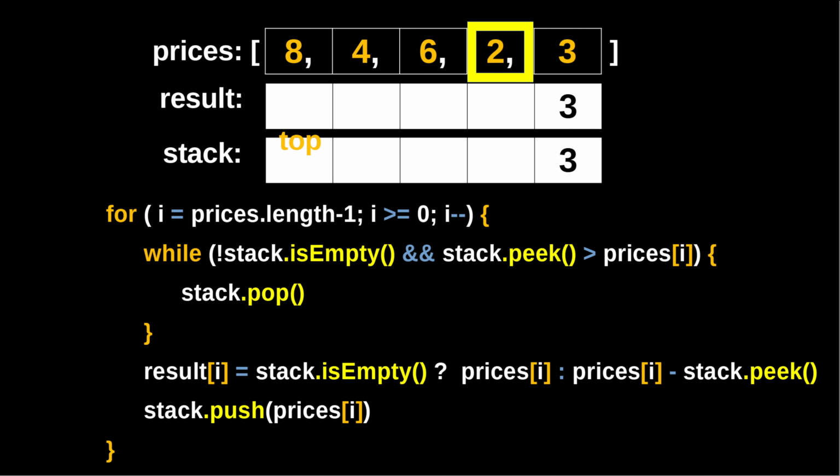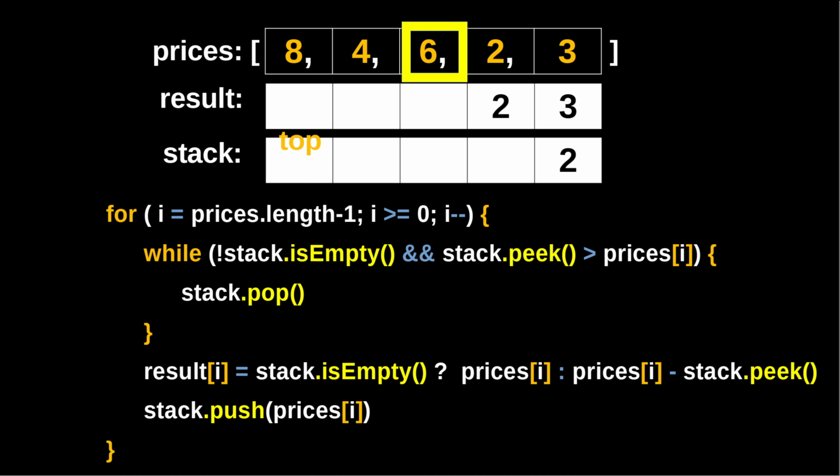The next item is 2. The top element on the stack is greater than 2, so we have to pop the stack. Remember, we're building a non-decreasing stack. We pop 3, and then results[i], because now the stack is empty, is 2. We don't have a discount. And we put the 2 on the stack.